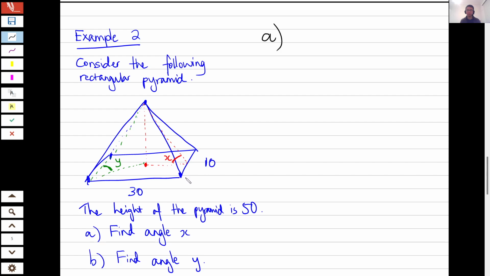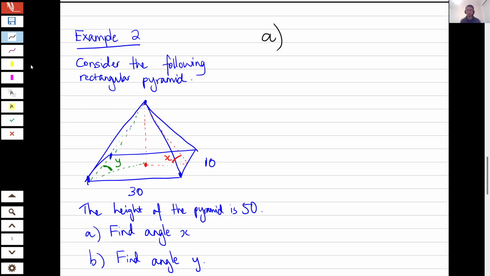So from this side to this side, it's 5. I could have written all of that in words, but then the question would have become very long, so I didn't want to do that. So we're just assuming that the apex, that is the top of the pyramid, is directly above the middle of the base. So now that we've clarified that, I've given us two objectives in this question.